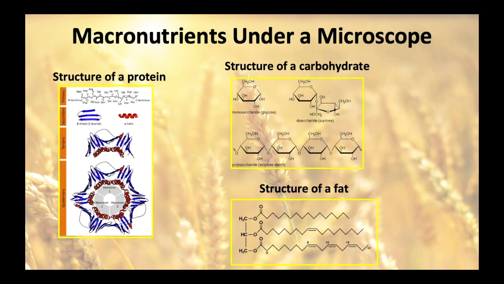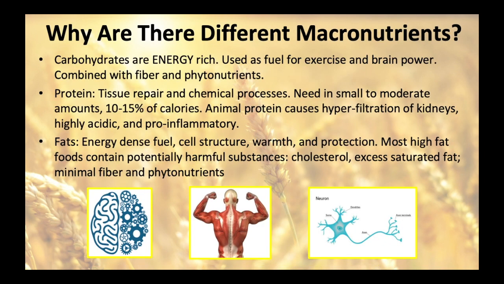In this slide, we see the different structures of the macronutrients. I don't expect you to memorize what they look like, but the basic understanding here is that because they look different, it allows them to function very differently. So when we think about the function of macronutrients, carbohydrates are energy rich.